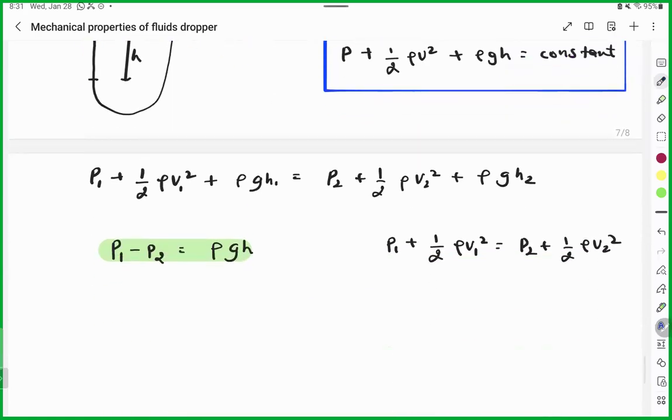What is the equation of continuity, Jordan? Continuity. Jordan, are you there?